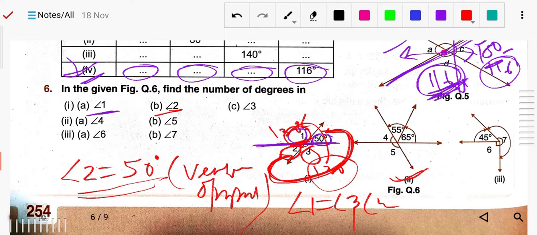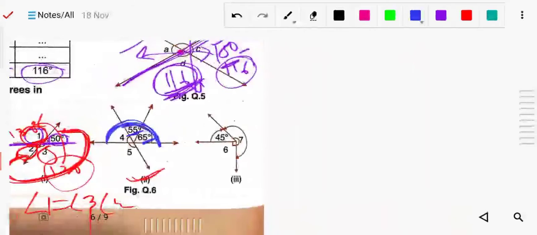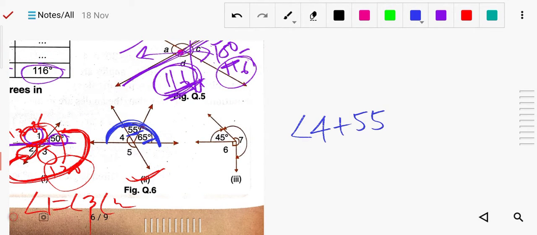How will you solve? Same concept: the sum of these three angles will equal 180. So you can write angle 4 plus 55 plus 65 degrees equals 180 degrees, and you can find angle 4.